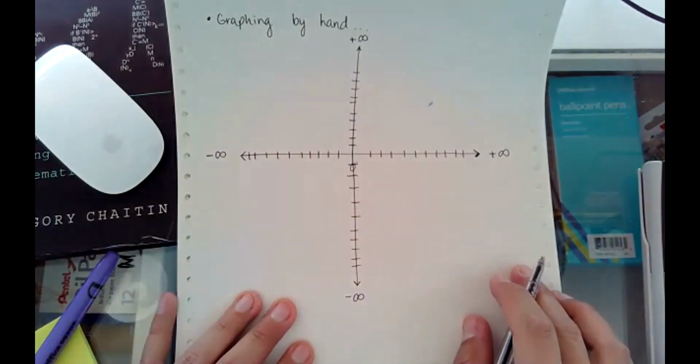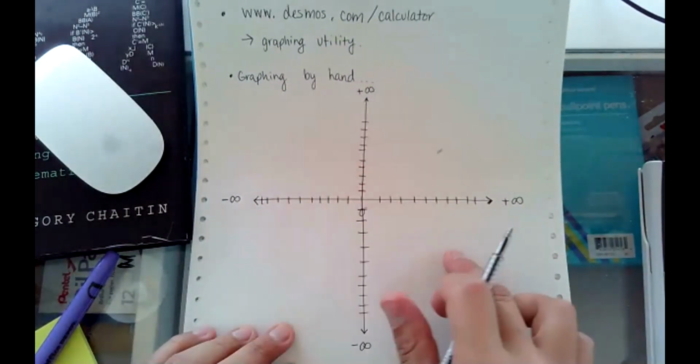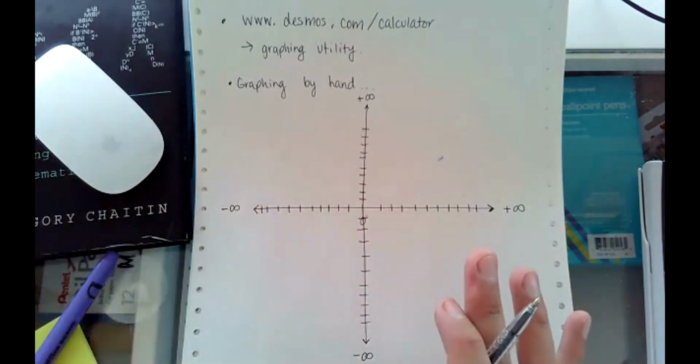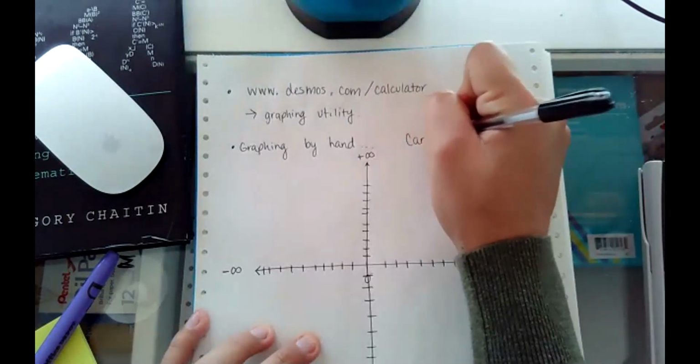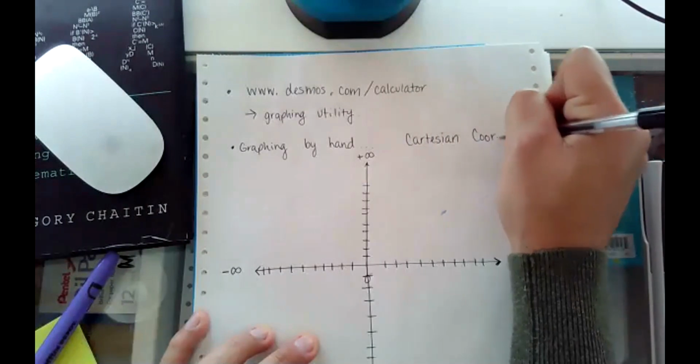Okay. Since these look like squares that seem to be cut by this grid space that we've created, we call this grid space the Cartesian coordinate system.